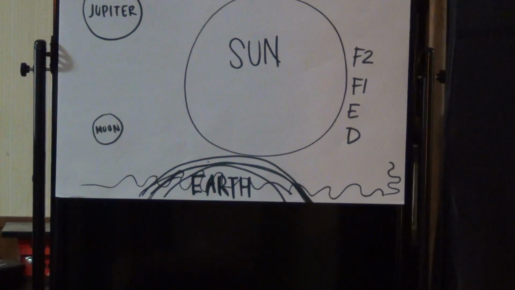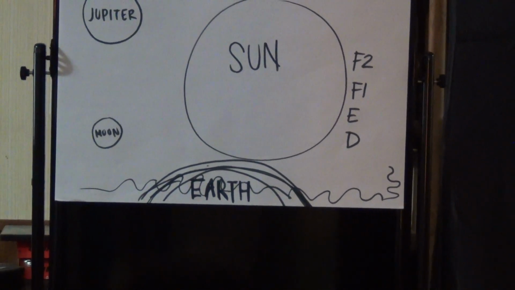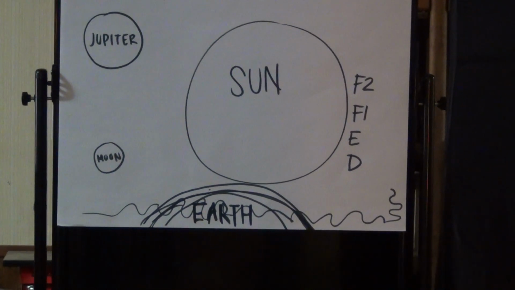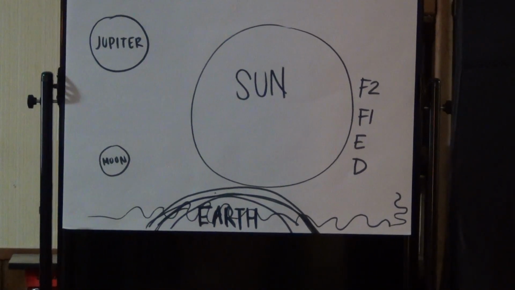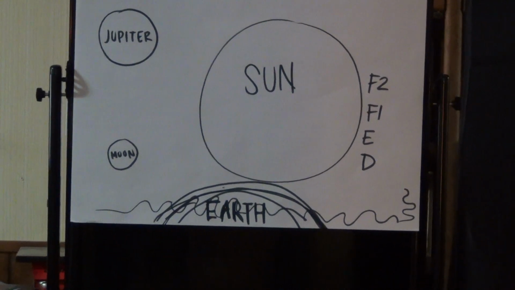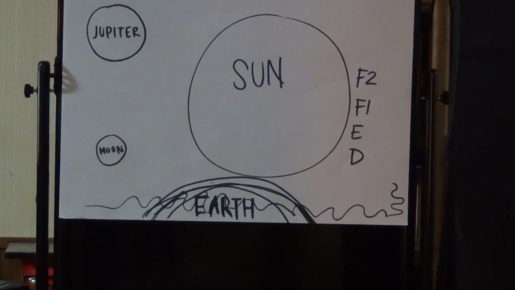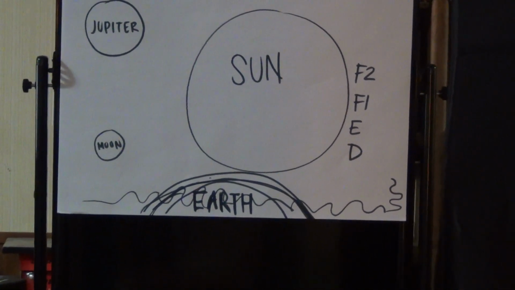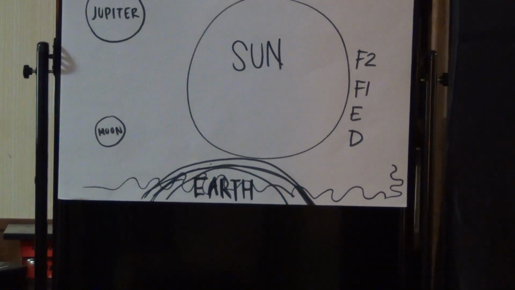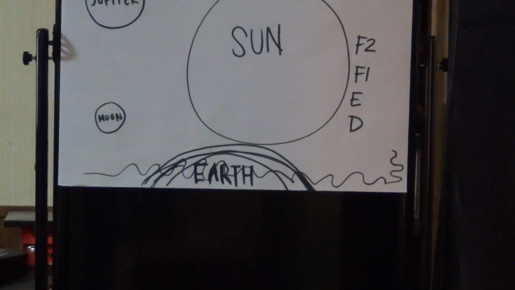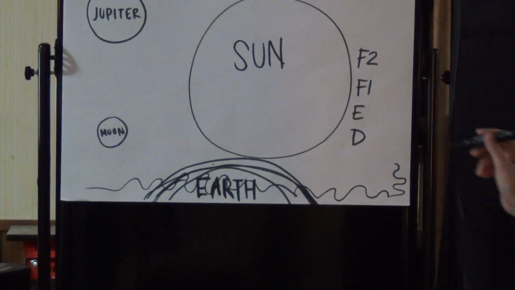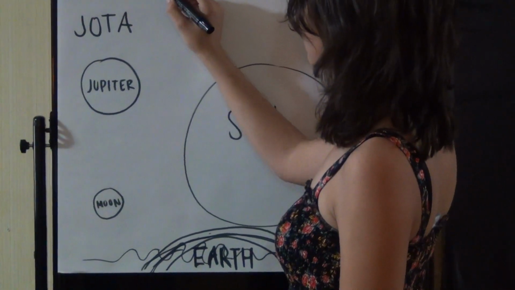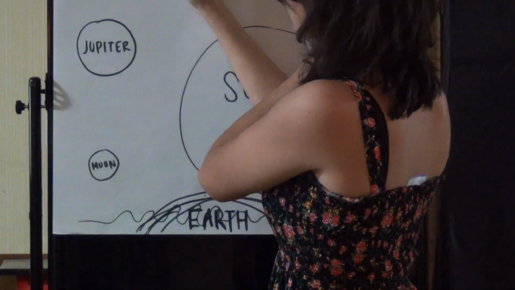However, radio waves that are very, very long will bounce off of the D, the E, and the F. So put that under the top one, way over there. Just put bounce.